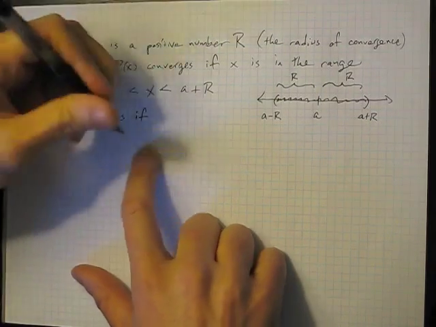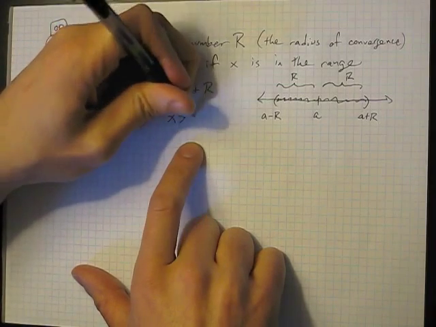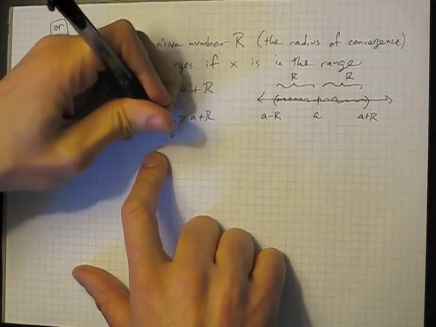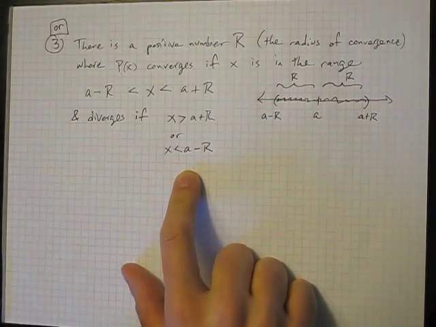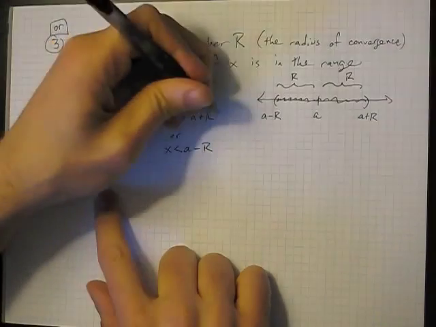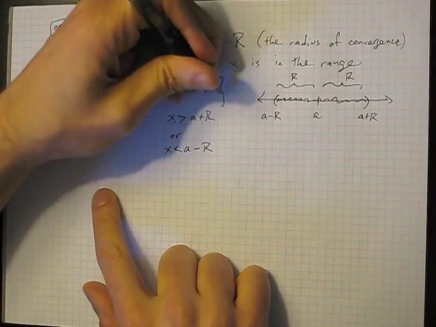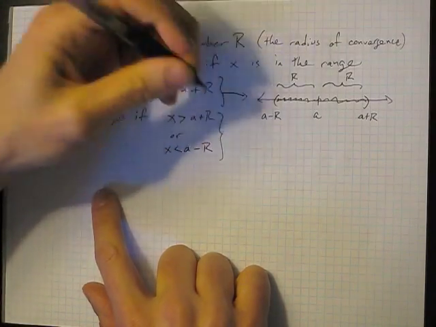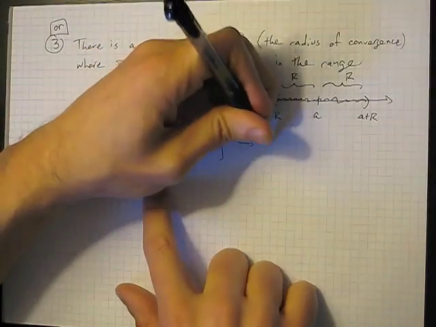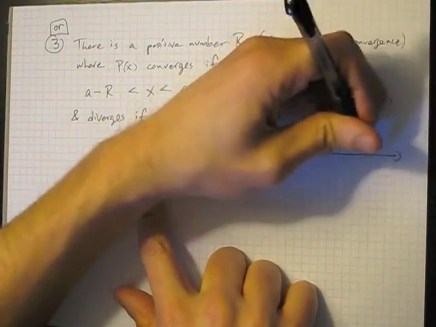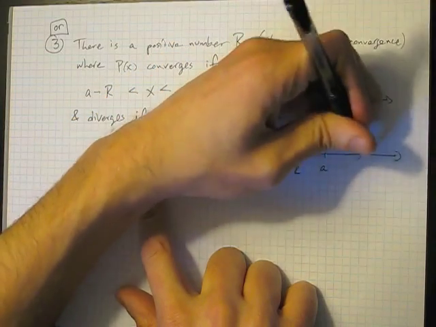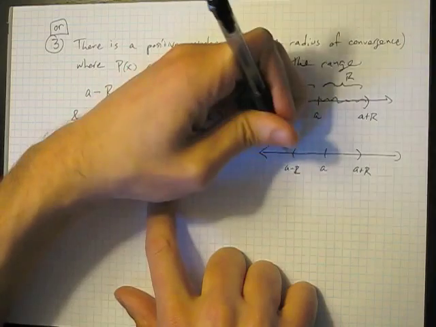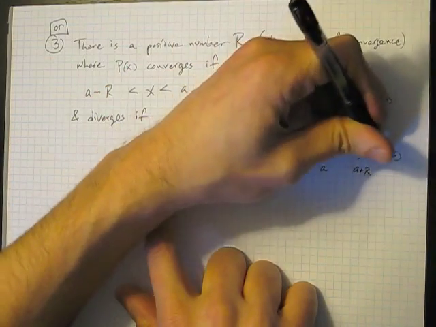It diverges if x is bigger than a plus r, or x is less than a minus r. So this is the converges case right there, and then this is the diverges case. Here's a minus r, here's a plus r, and it diverges here.